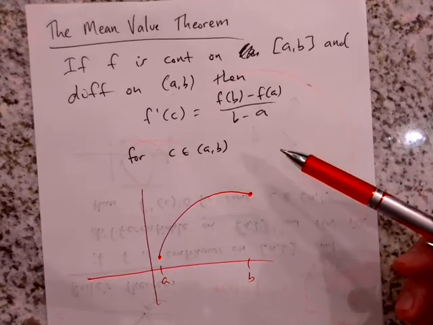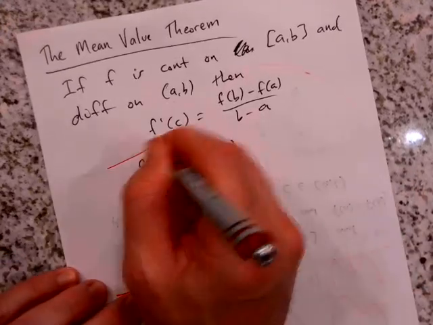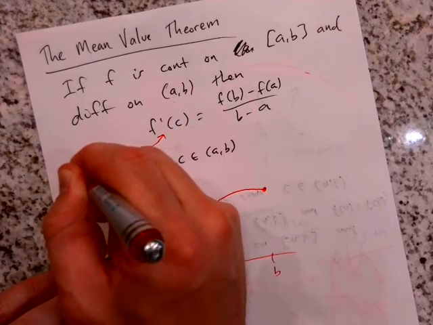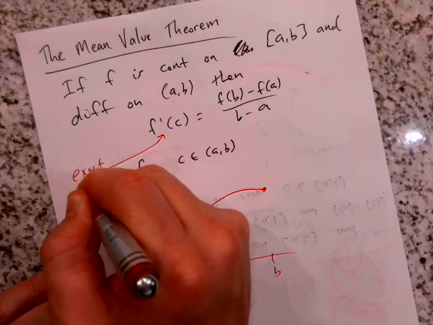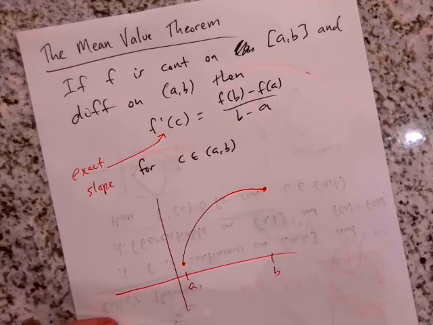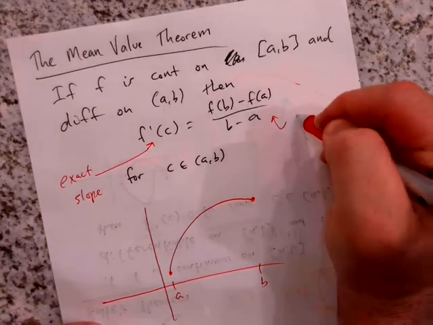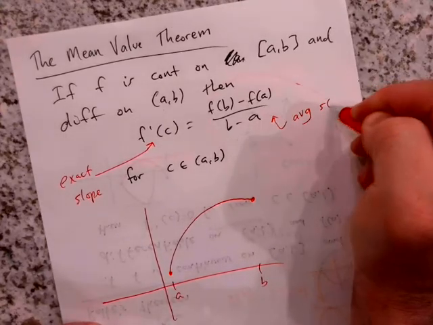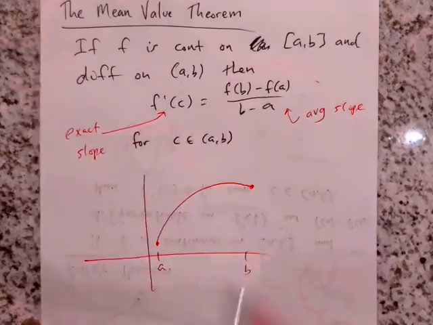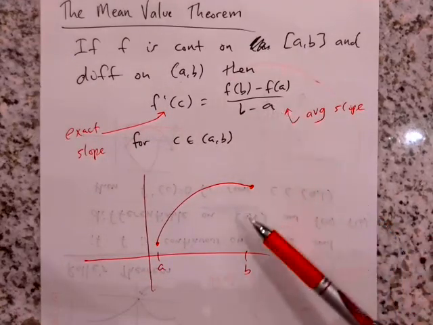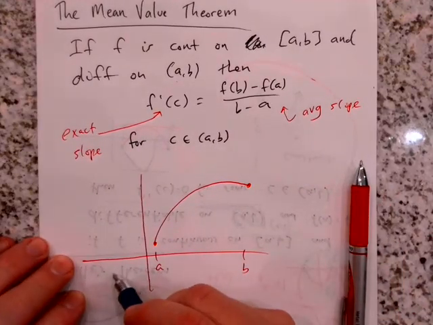What the theorem says is that the exact slope, which is f prime of c, has to equal the average slope from a to b, right? Because this gives you the slope between those 2 points. It gives the slope of this line right here.